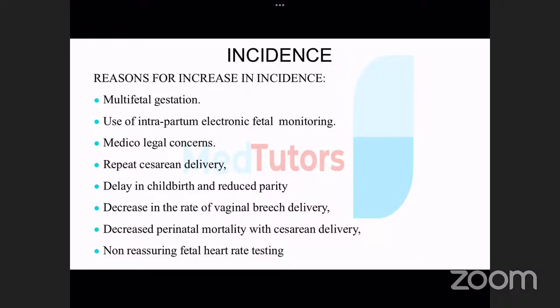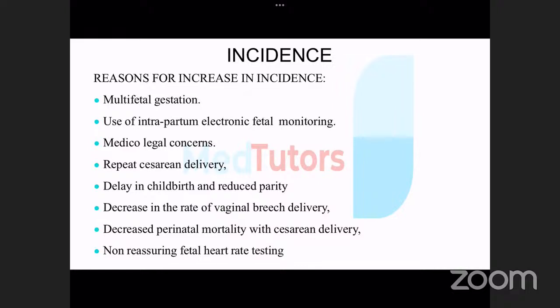And therefore, people started rushing to have cesarean section. And at present, people have increased access to information. This information is available on the net. Your patients are even aware. So a patient who has breech presentation will tell you she wants cesarean section. She doesn't want to undergo the stress of vaginal delivery.